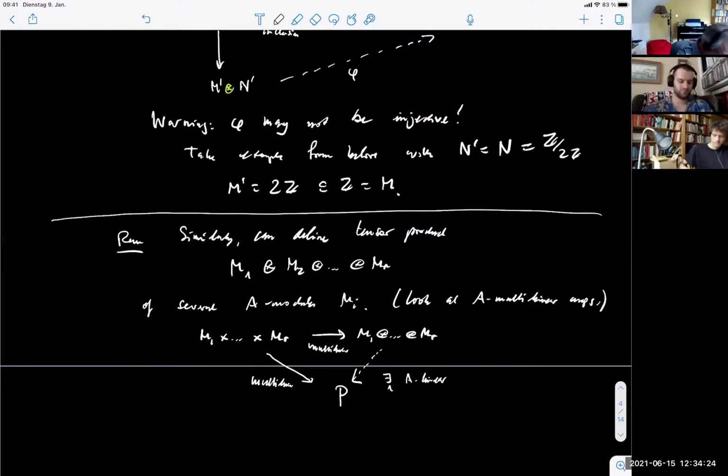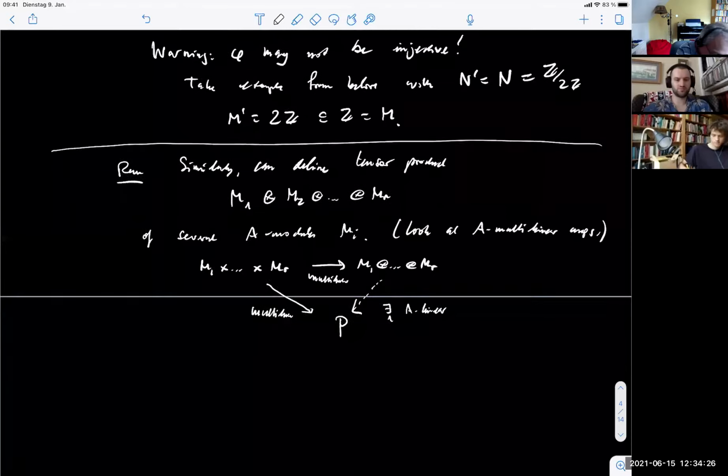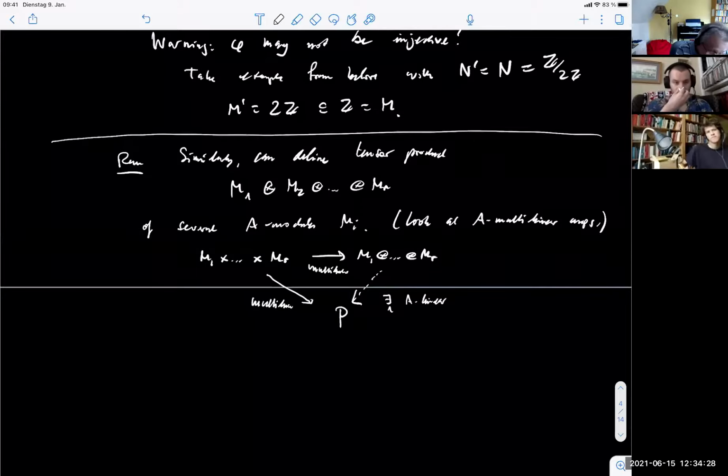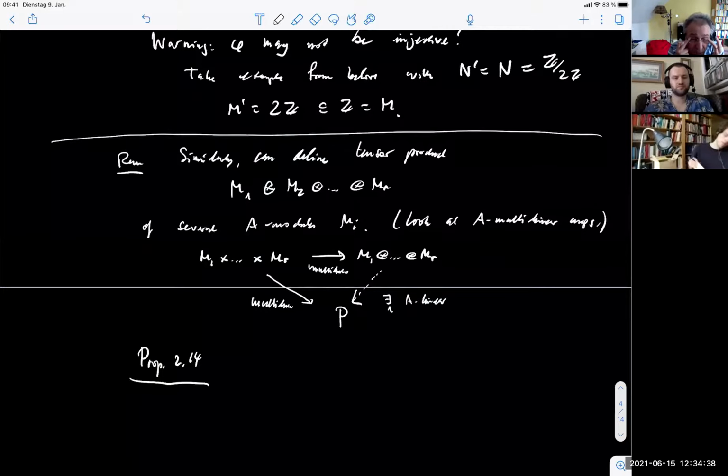Okay. This is useful to have, because in the next proposition, which is in Atiyah-Macdonald 2.14, it's about these properties that allow one to construct a tensor algebra.